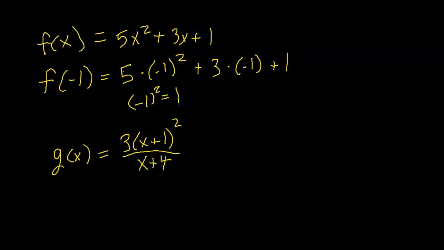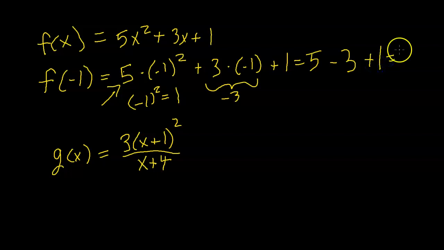So this first term becomes 5 times positive 1, which is 5. What's 3 times -1? That's -3, so we could write plus -3, or we could just write -3. So this becomes 5 minus 3, and plus 1 stays the same. 5 minus 3 is 2. 2 plus 1 is 3.